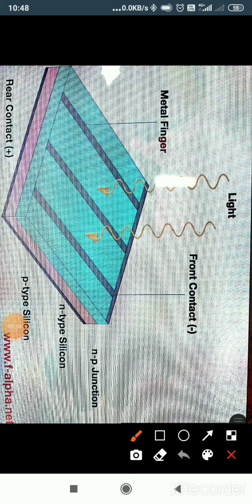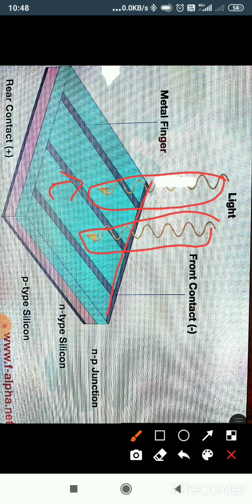As you can see, light is falling on this region, and here also on this region. Because of that, electron concentration will increase in the N region, and that electron will get absorbed by the metal electrode, and that makes one contact for external purposes.